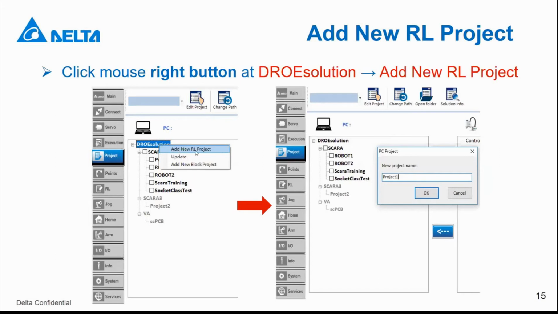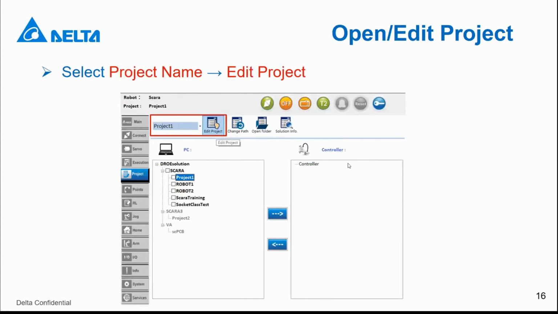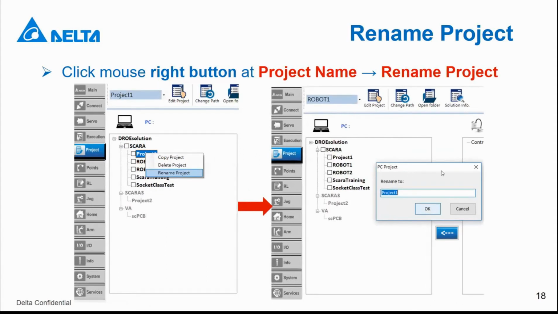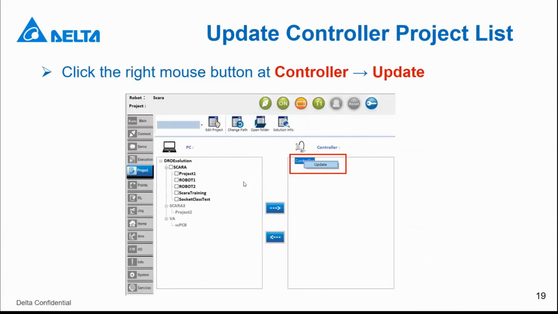Then you can add a new IO project and name it. And of course, you can also choose a project to edit, delete the project, and rename the project. And in the end, when you are done with programming or commissioning, you can upload to the controller, then the robot will run the project by itself.